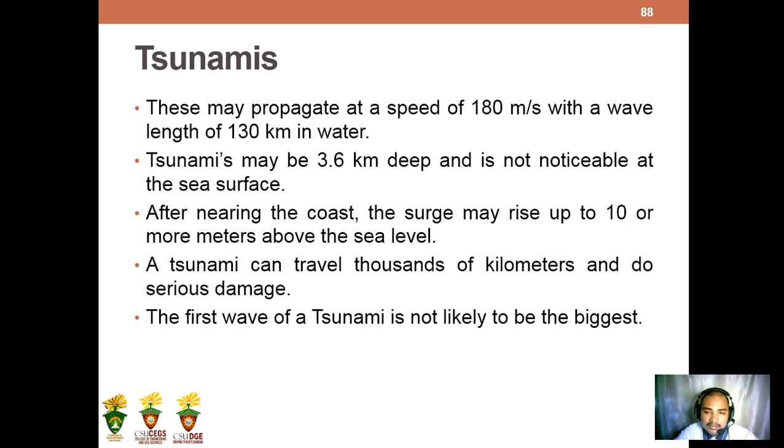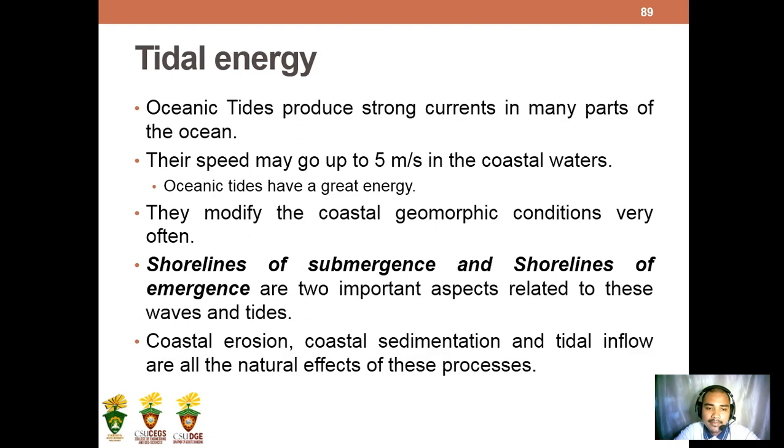So we all know how damaging a tsunami is. The first wave of a tsunami is not likely to be the biggest. It may be the second or third wave that is even bigger, which we may encounter. And next is the tidal energy.